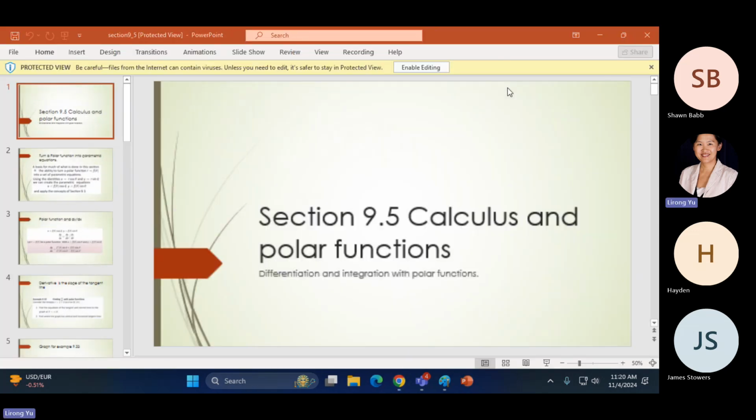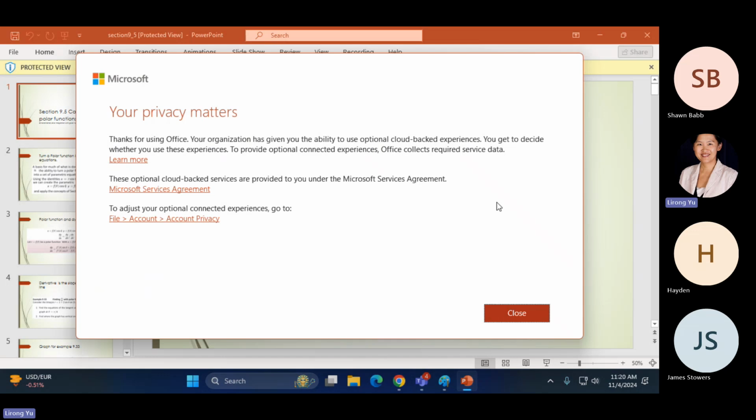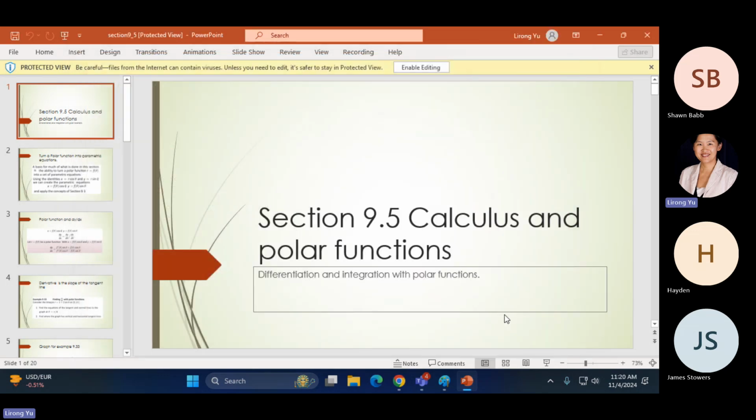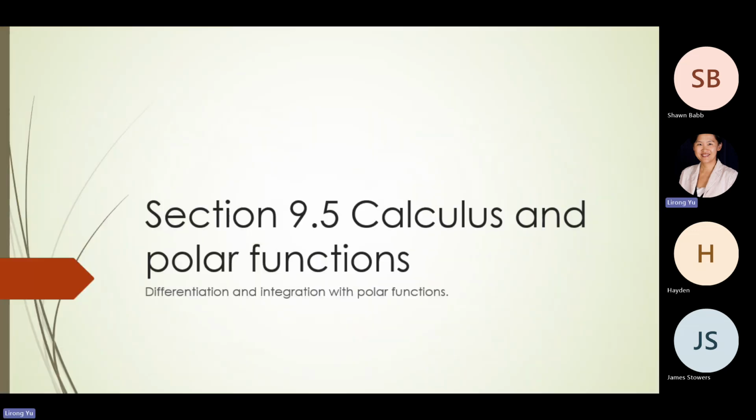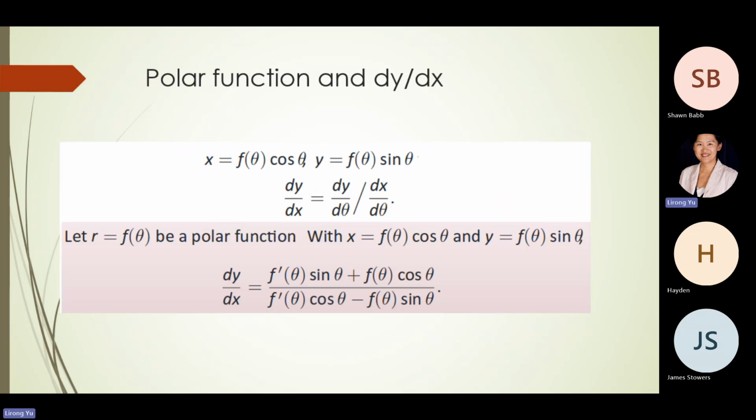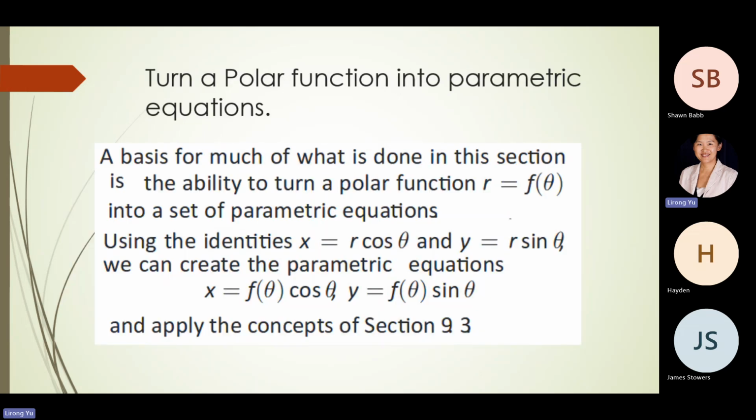Last time we only started with the derivative and the tangent when we have a polar equation. We started by converting the polar equation. The polar equation normally represents radius as a function of theta. Most of the time we think of angle as the independent variable and radius as the dependent variable, but it could change.